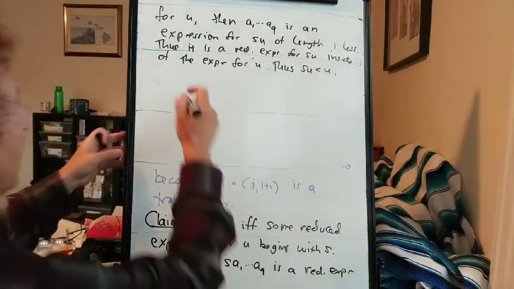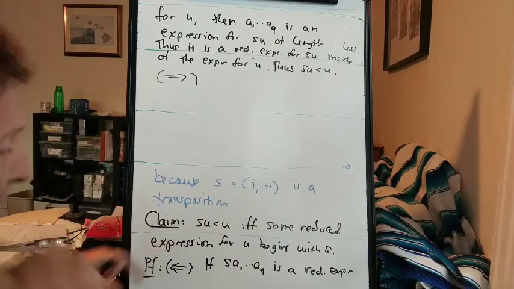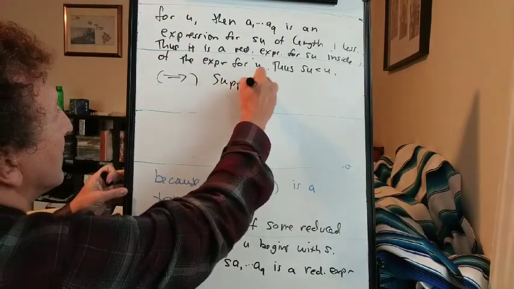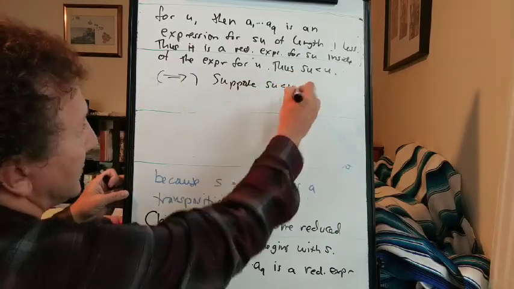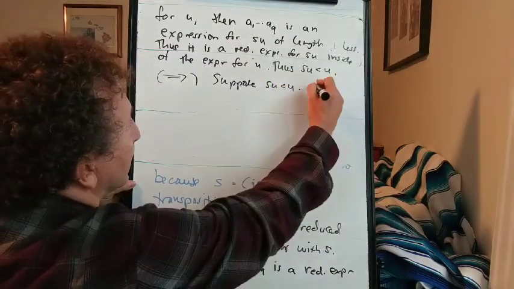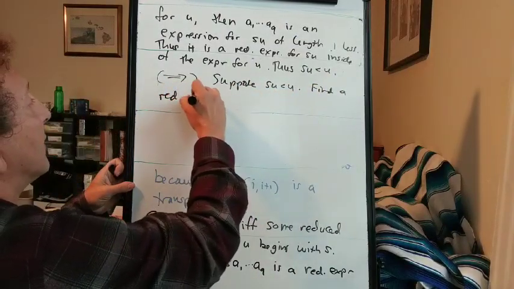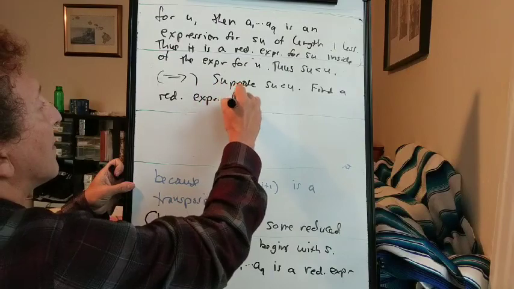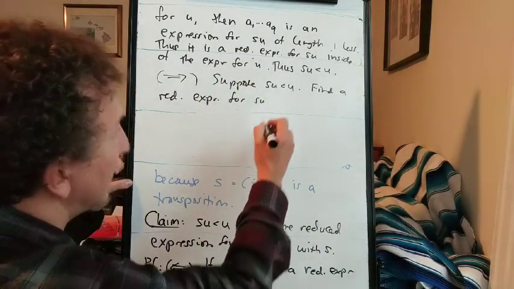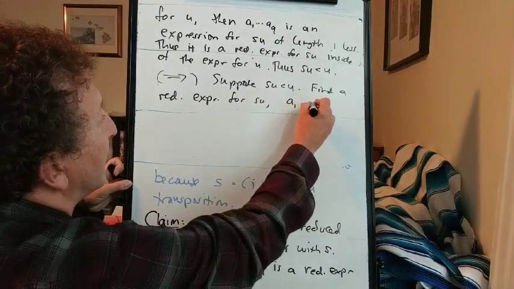Now for the other direction, suppose we have SU is less than U. Let's find a reduced expression for SU, and let's let that expression be A1 through AQ.